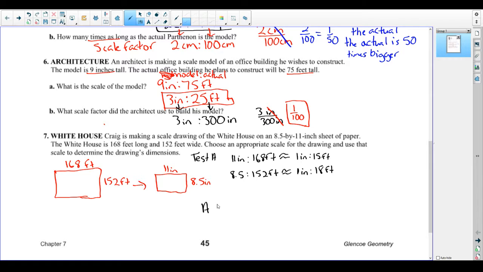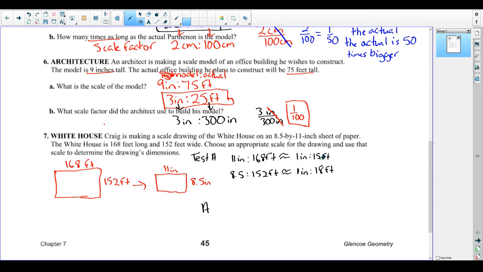Let's see. So let's say 168, 11. That's how we want to get from one to the other. Okay. Let's try this again. Let's say 11 times 15 is about how much? It's 165 feet. So if I do 100, now wait, why am I? This is not so great.